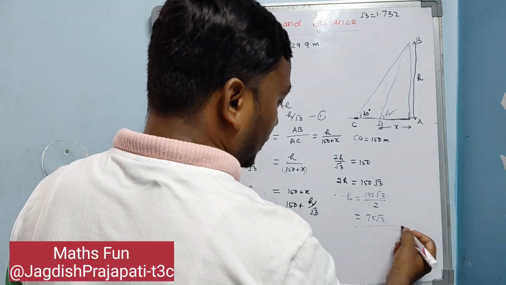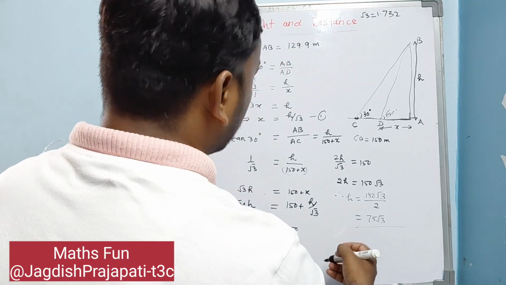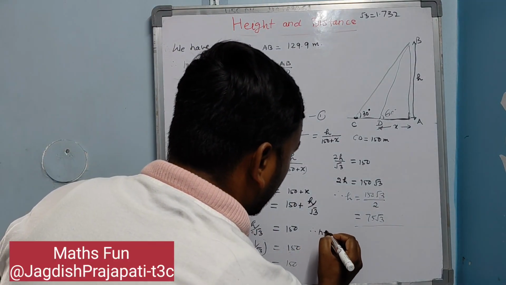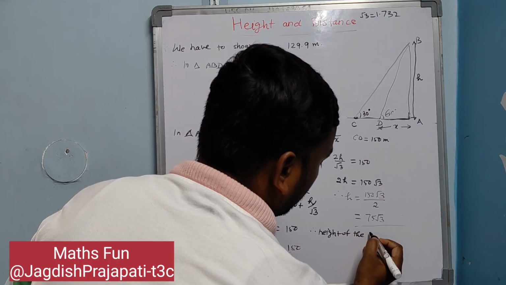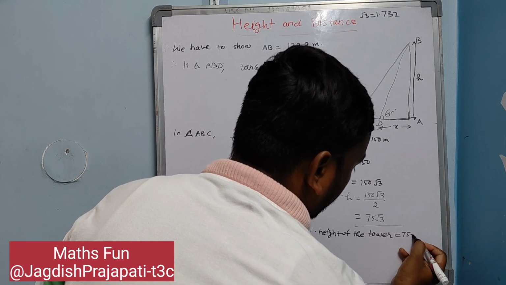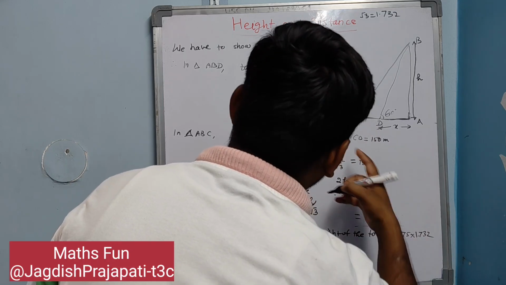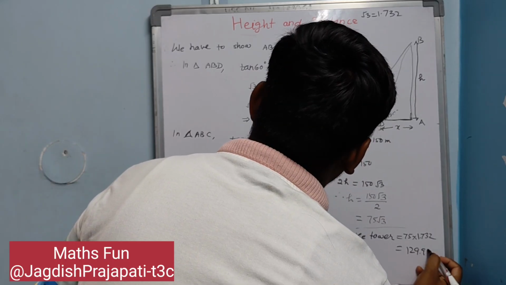This is left for you as an exercise. Therefore, the height of the tower is 75 into 1.732, which is 129.9 meters.